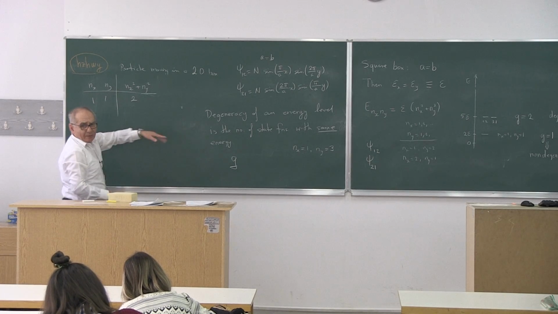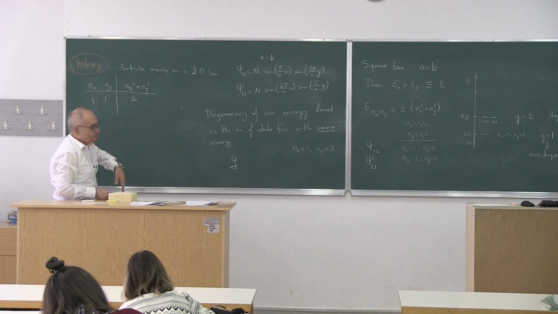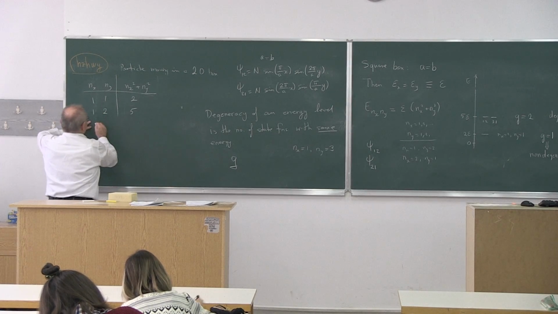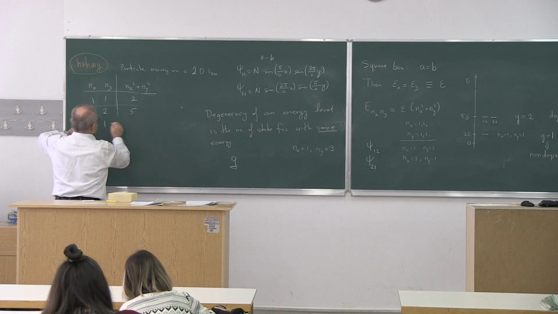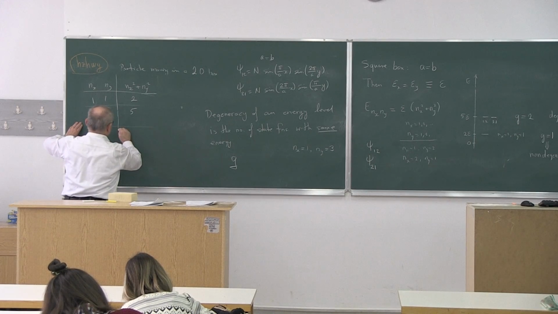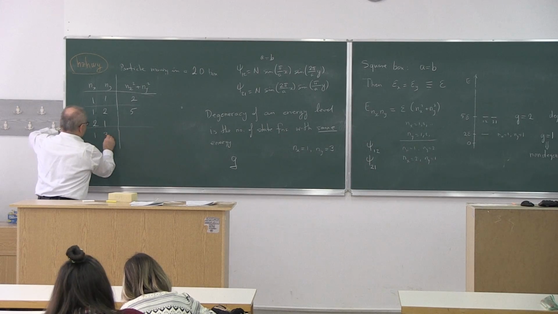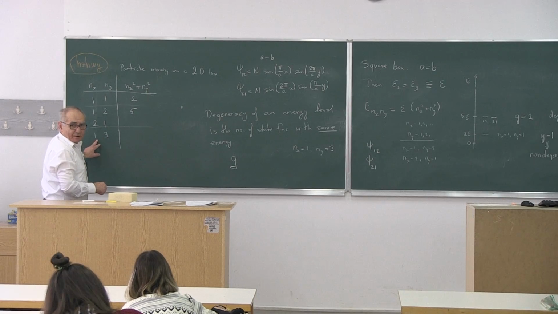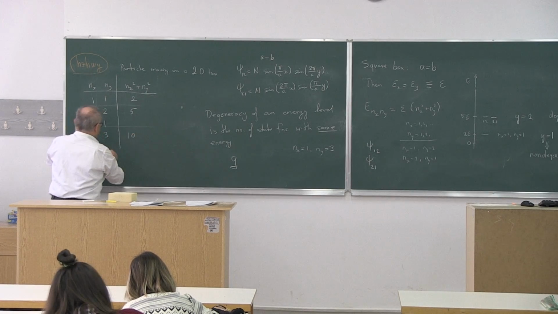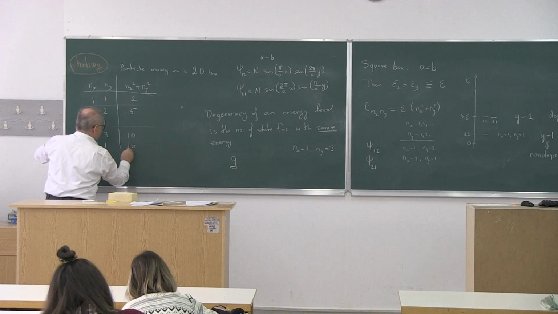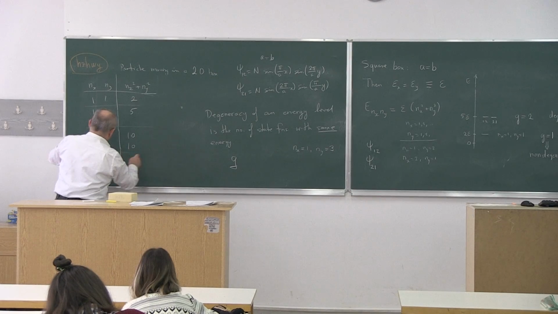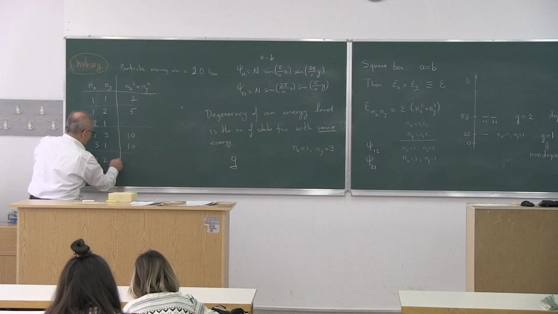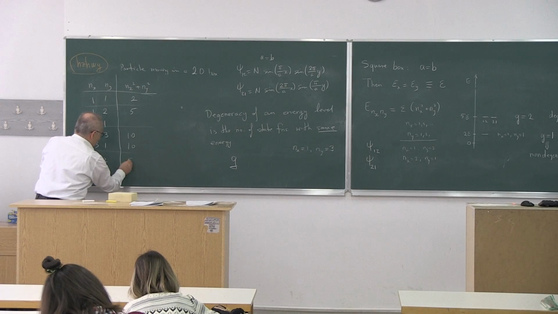This is 2. It means 2 times Fs. Now, 1, 2 is 5, 2, 1 is also 5. If I write 1, 3, 3 squared is 9 plus 1, 10. But 3, 1 will also give 10. If I choose 2, 2, I will have 4 plus 4, 8.